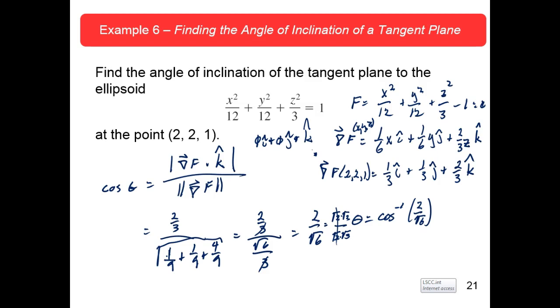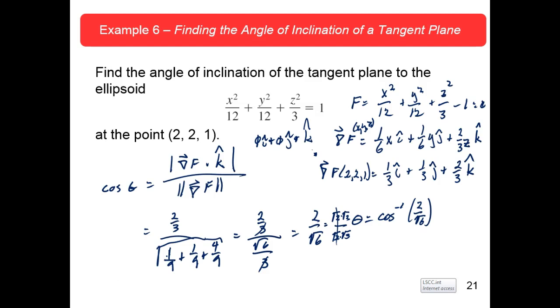I think if you turn your phone sideways, you get a more expanded calculator with inverse sine and cosine on it. 35.3 degrees?